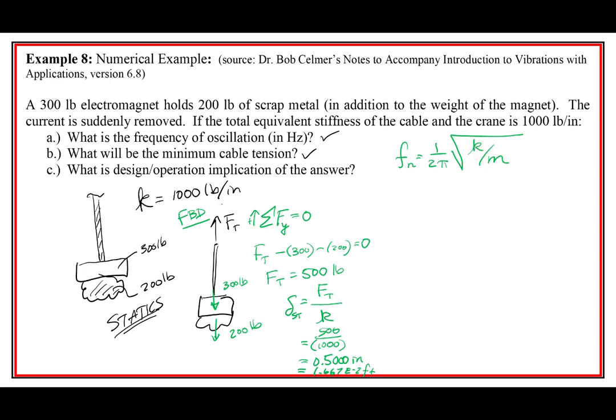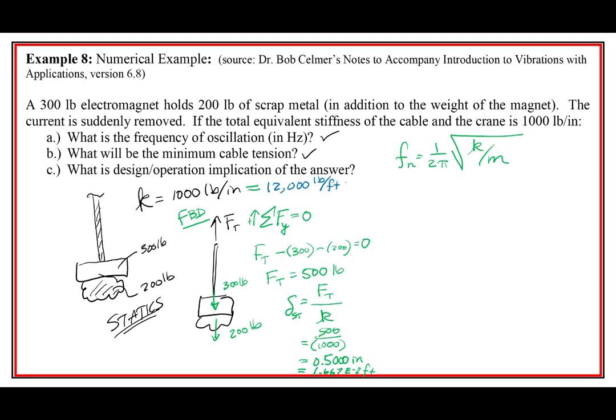The k is in pounds per inch, so good practice, at least for me, is to turn this into pounds per foot. I think you multiply it by 12, 12 inches per foot. Yeah, so that gets the right 12,000 pounds per foot.